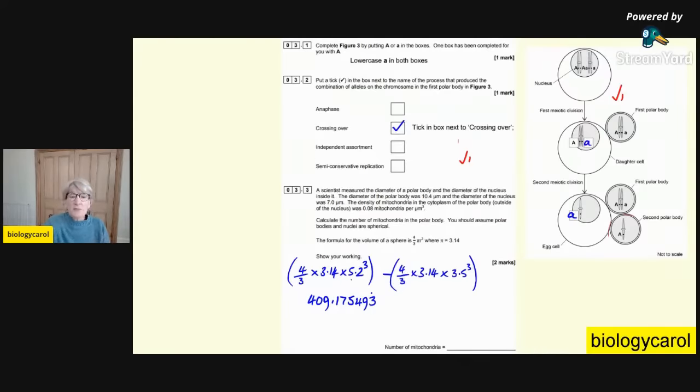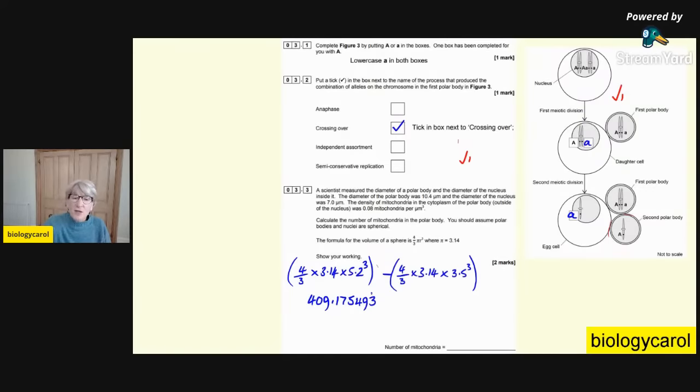And notice that of course this is diameter, not radius, so you've got to use half of D. So here is the volume of the whole cell. Here is the volume of the nucleus, and you take one away from the other.